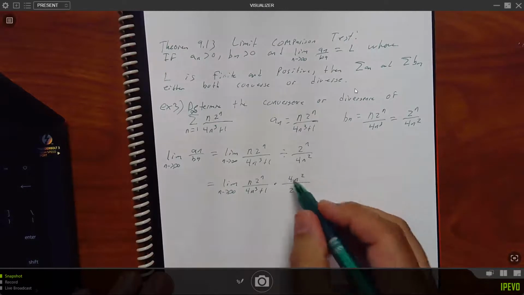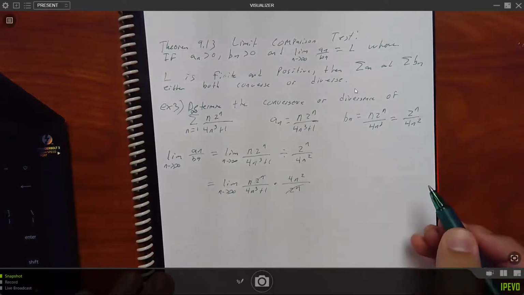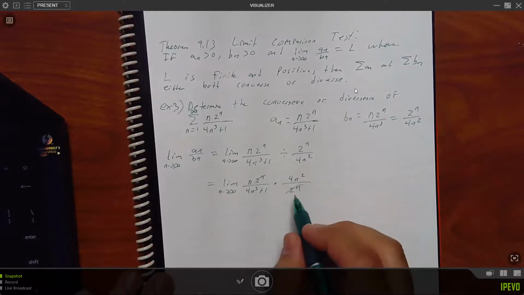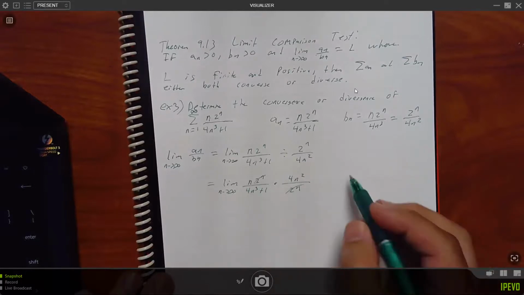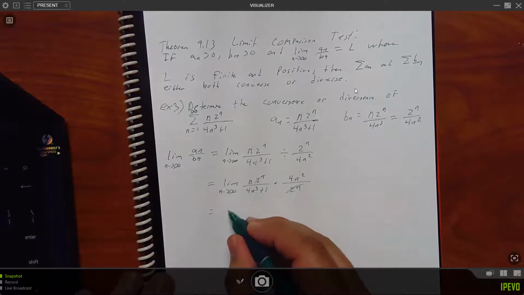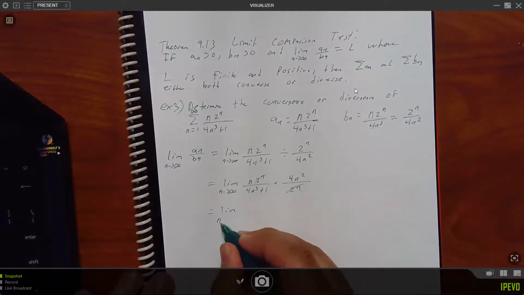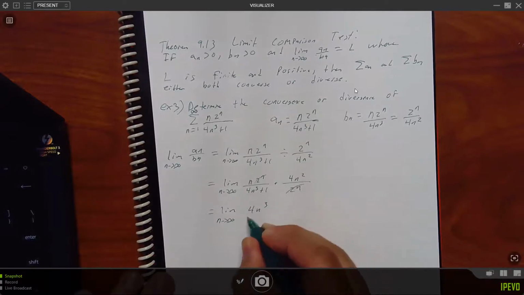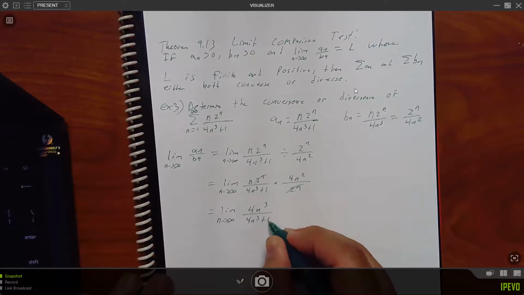Notice that we're going to cancel the two n's, and we have n times n there. So we'll get the limit as n goes to infinity of 4n cubed over 4n cubed plus 1.